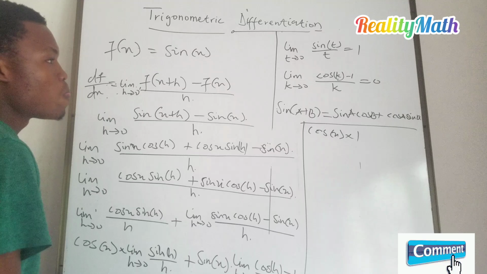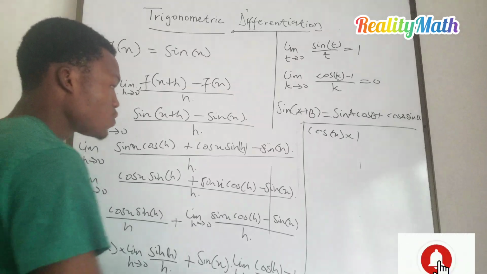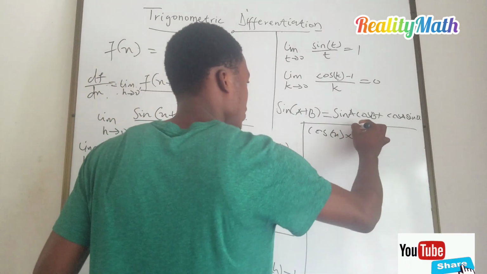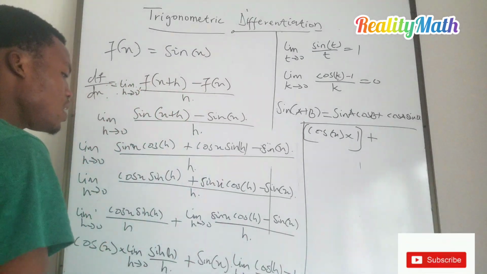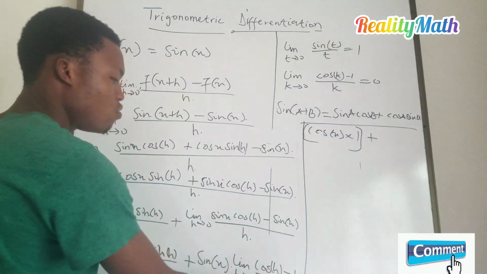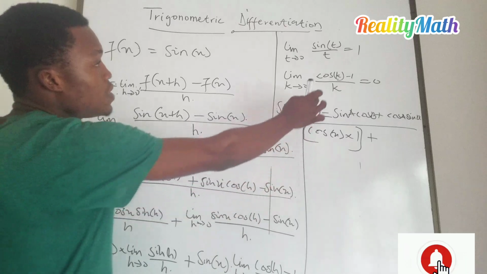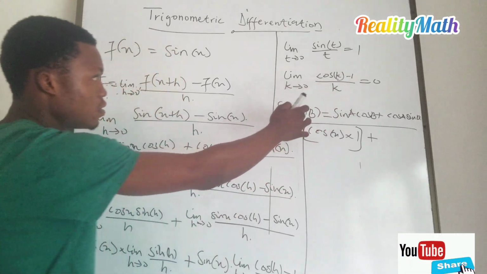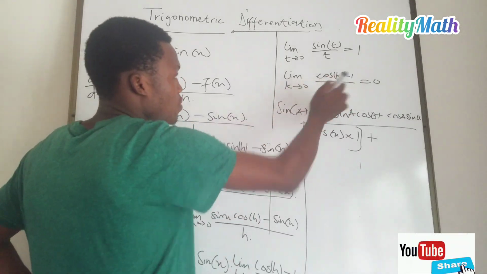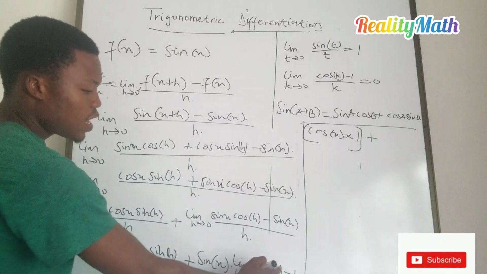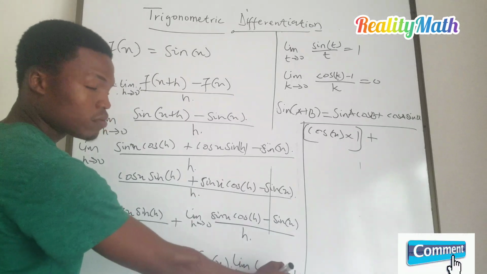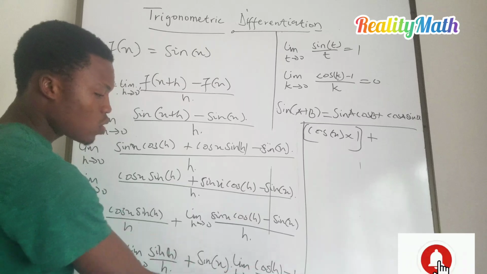Now let's look over here. Now this is plus this. Cos h minus 1 all over h is the same as before, just that the variable here is k: cos k minus 1 all over k.